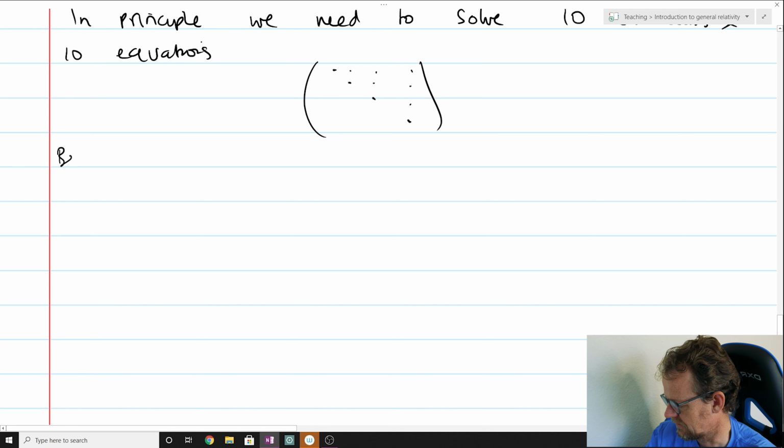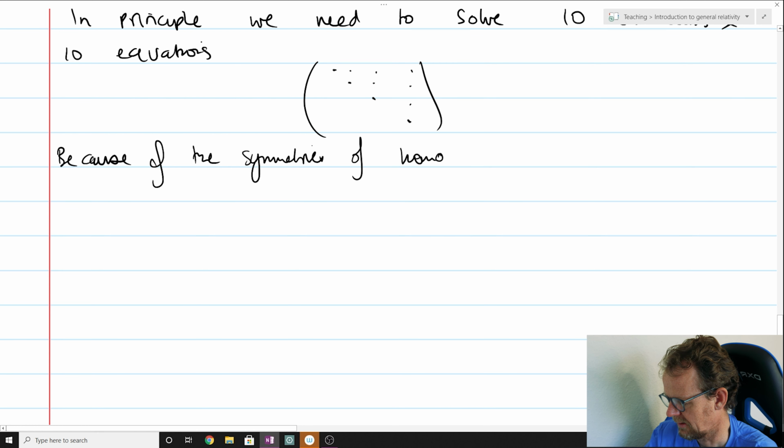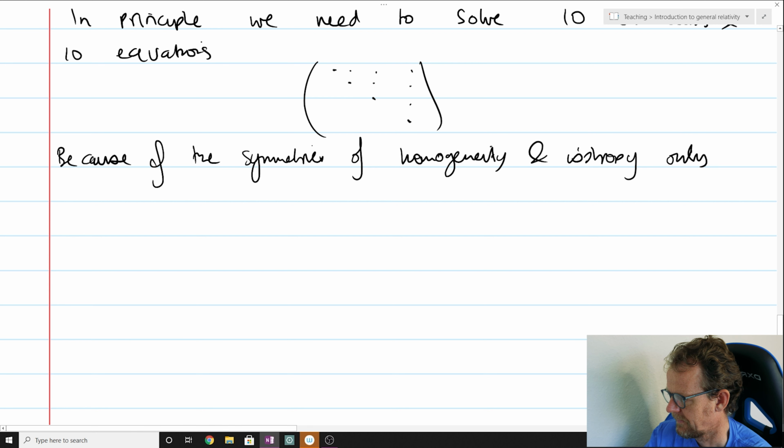We're not going to need to solve 10, thank goodness, because of homogeneity and isotropy, we're going to get away with a lot less. It turns out only 2 equations are in fact independent anyway.